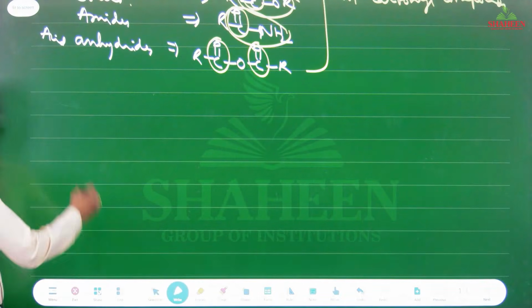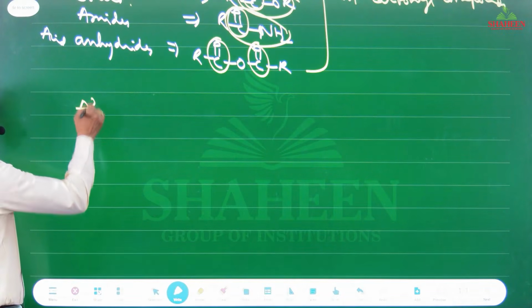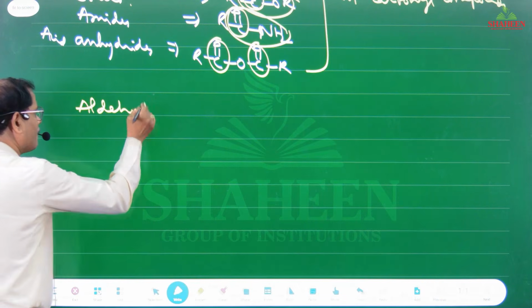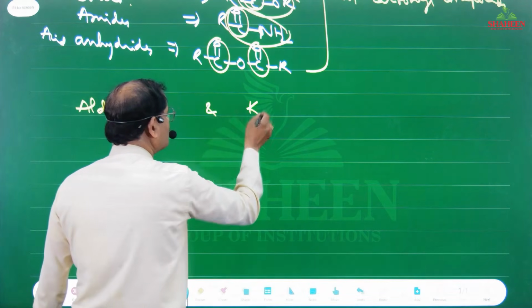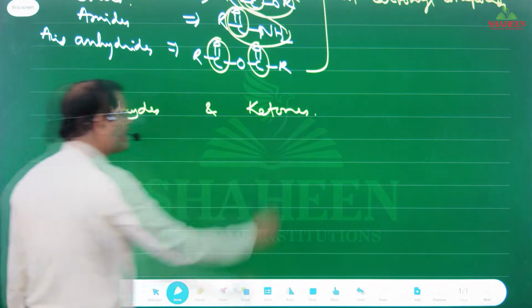Carbonyl compounds are of two types: aldehydes and ketones. When can we say a compound is an aldehyde?